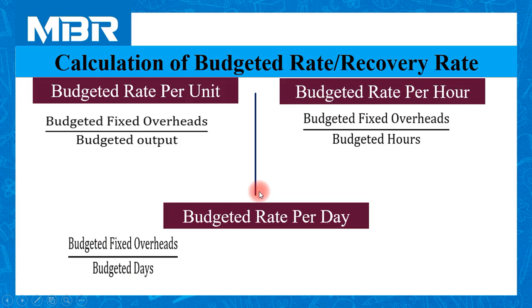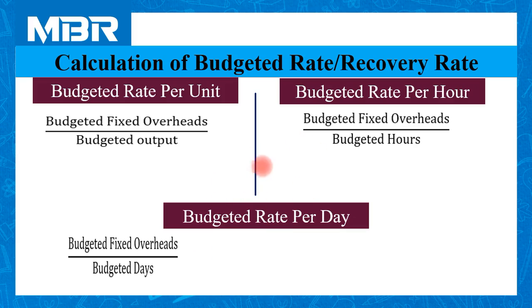For the calculation of different variances related to fixed overheads, we need to calculate all these three items, and we need to use the base accordingly. Say, for example, cost variance: we can use any of these three bases. Say, for example, calendar variance: we are in need of the information of per day rate.